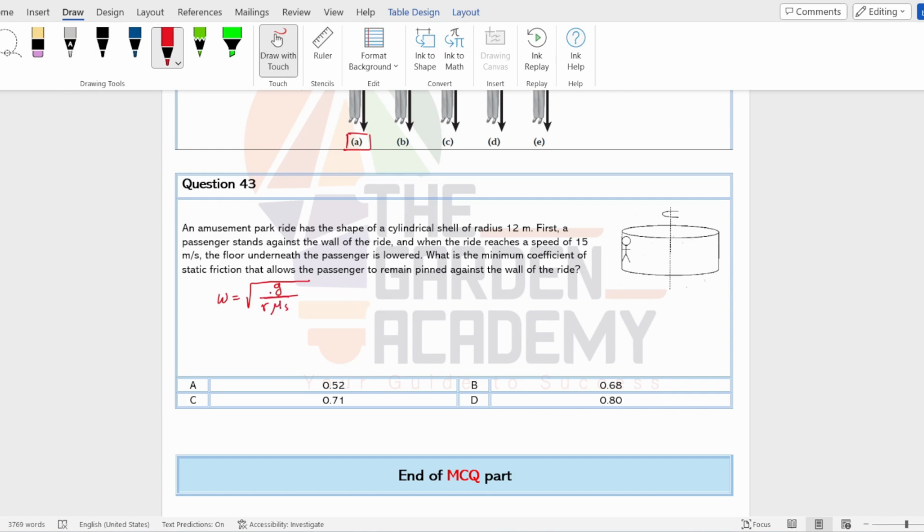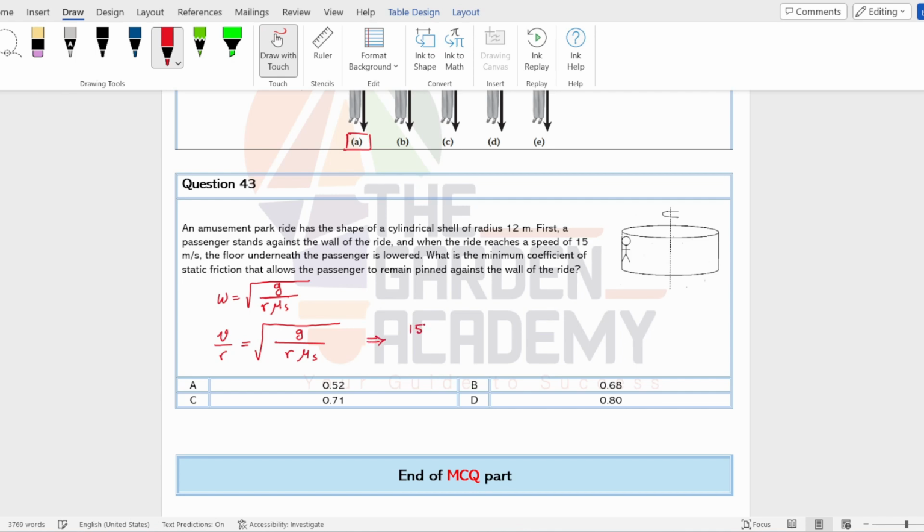طيب, now since we need to find the coefficient of static friction, and in this question we are given the radius as well as the linear speed, فبالتالي instead of writing omega in this way, we will say omega is equal to v divided by r, which is all equal to the square root of g divided by r times mu s. Now we plug in the values that we have from the question.